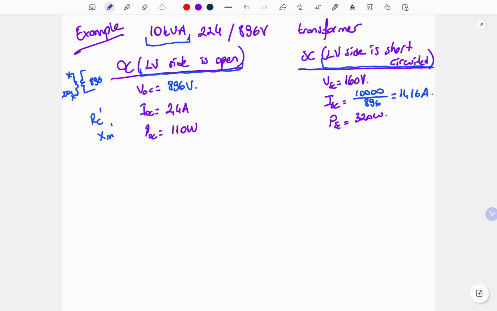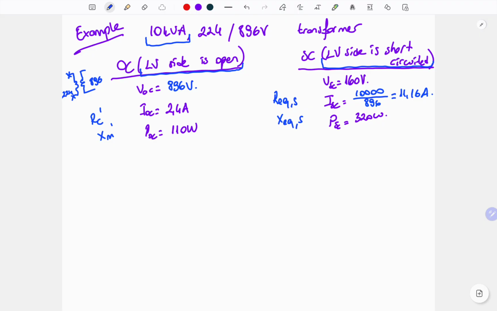Similarly, for the short circuit test, we can calculate initially the secondary equivalent of series resistance, which represents the winding resistance of the transformer, and the leakage reactance of the transformer can be calculated, which are referred to the secondary side. So let's calculate according to this analysis.